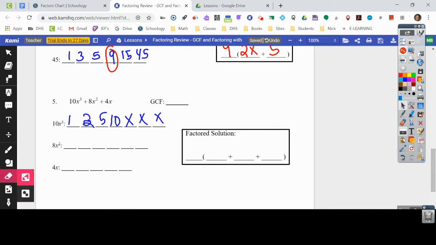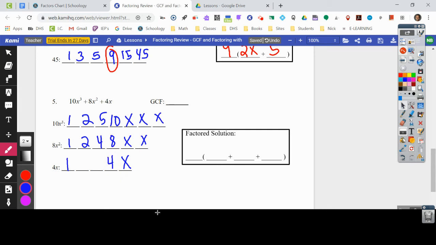For 8x squared, we have 2 x's. We have 1 times 8 and 2 times 4. And for 4x, we have an x, 1 times 4, and 2 times 2.